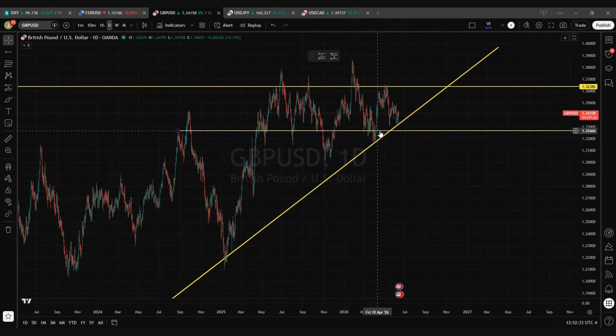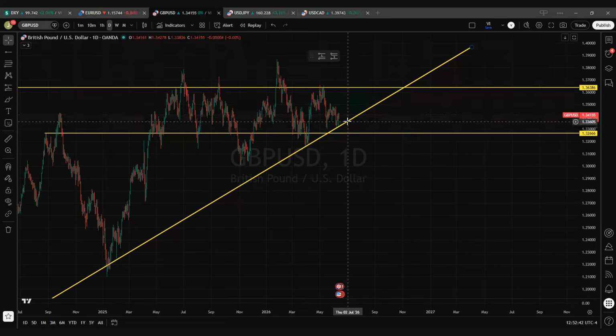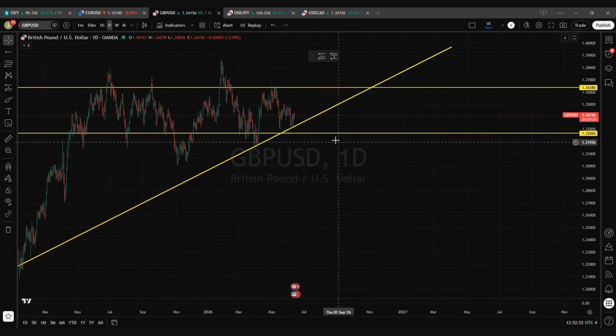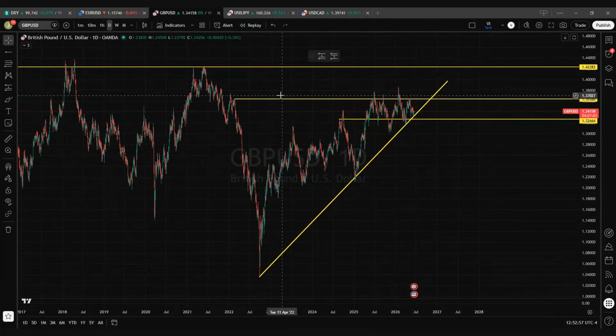If this does fail, I have this nice key support level at $1.32666. This is this pivot top here. If this trend line does break, I see some nice support just close by, a couple cents lower, so a nice tight confluence support zone here. To the upside, I want to see some larger resistance levels at 1.36308.